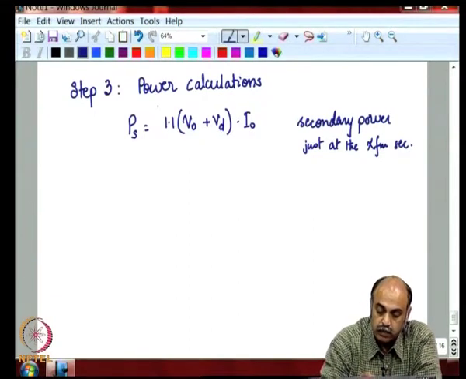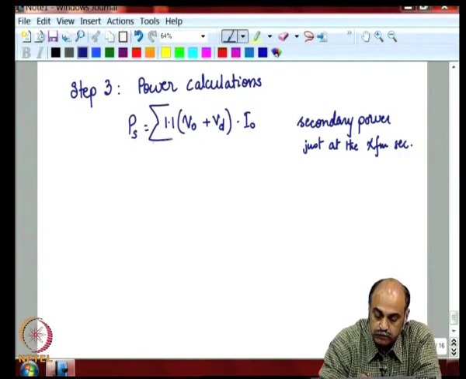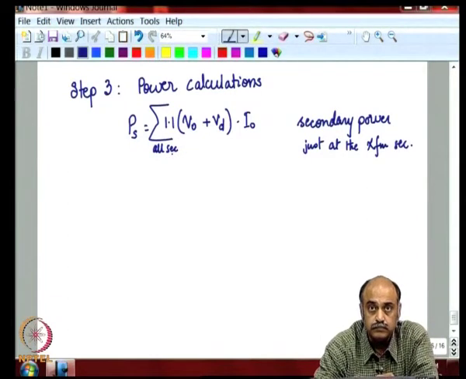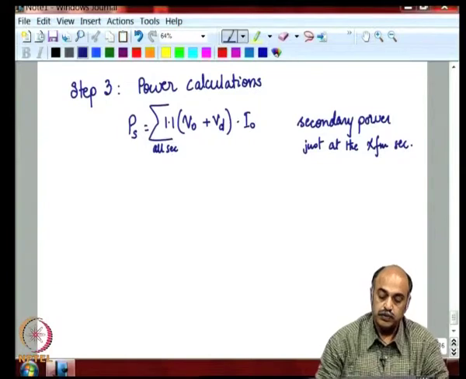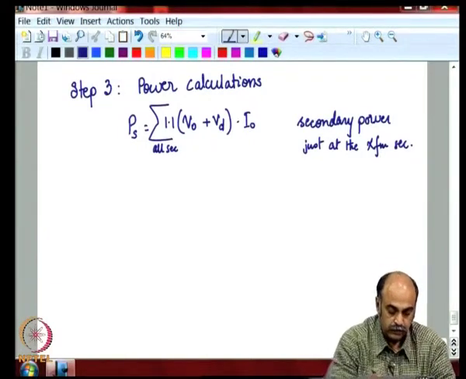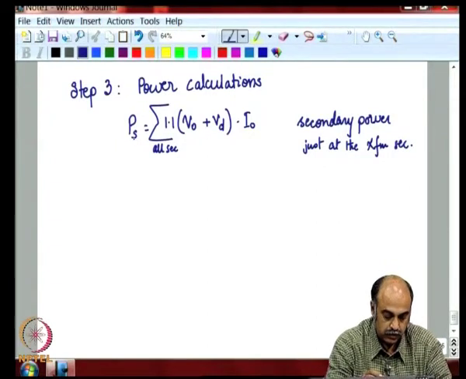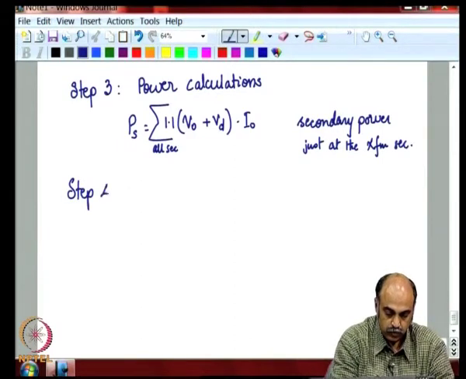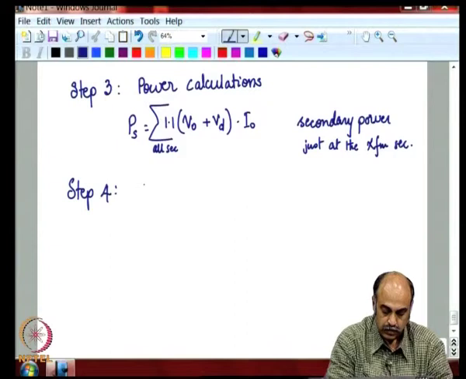Now, if there are multiple windings, you will have to sum all secondaries, which would give you the total power reflected on the transformer. Then step 4, what is the turns ratio?